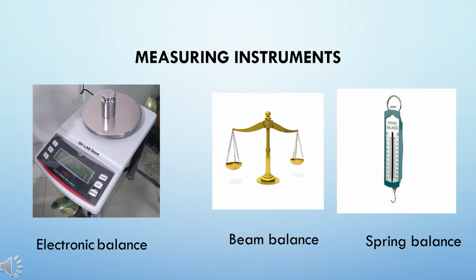Whatever readings, whatever measurements, will be displayed on the screen here. Digital. Now, this one too is an analog beam balance. It is also used to measure the mass of a body. The electronic balance is very simple. Just place the specimen or the object or the body to be measured on top of the pan there.